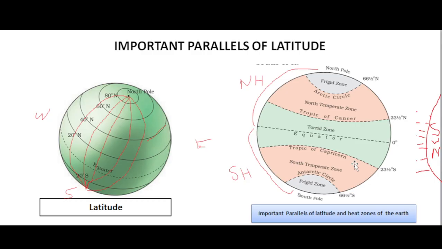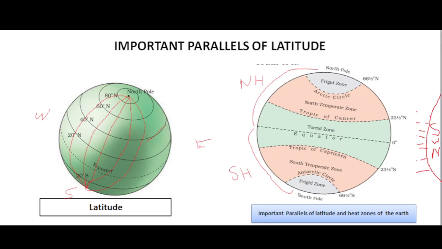So this area receives the maximum heat and is called the torrid zone. It receives the maximum heat once a year, so that is why this area is called the torrid zone.